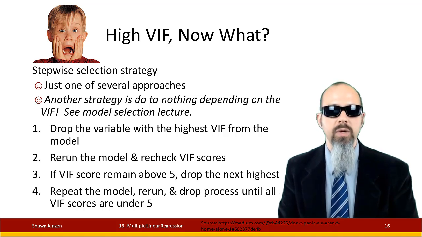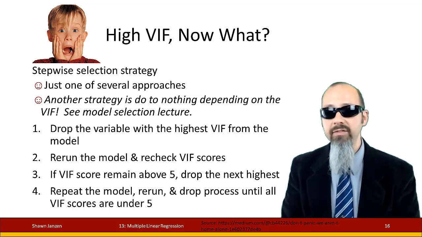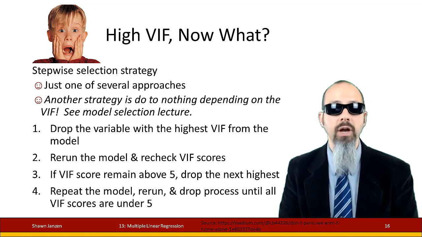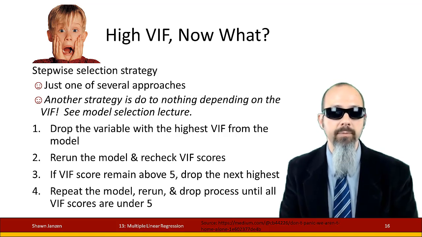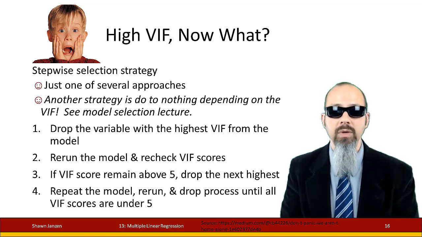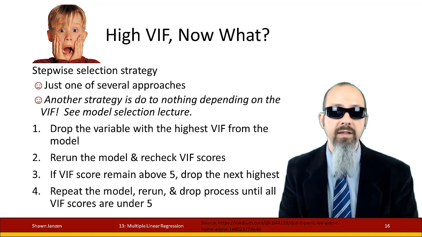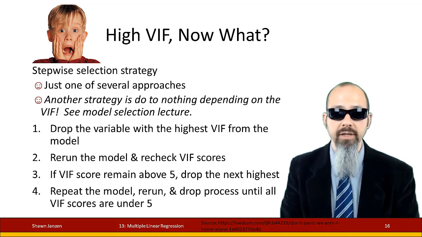The way this one works is you start with the highest VIF score in your model, and you kick the variable out. Rerun your regression model, check your VIF scores again. If you still have some offenders, kick out the next highest one. Rerun your model, check the VIF scores again. Rinse and repeat until you finally get your variables down to a point in which you're no longer violating multicollinearity.